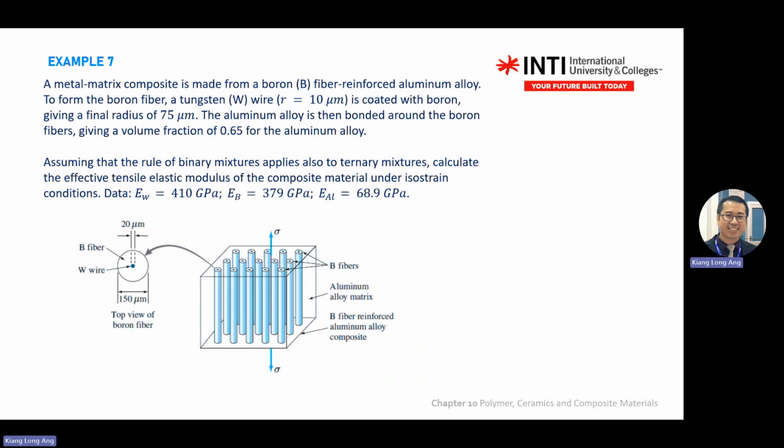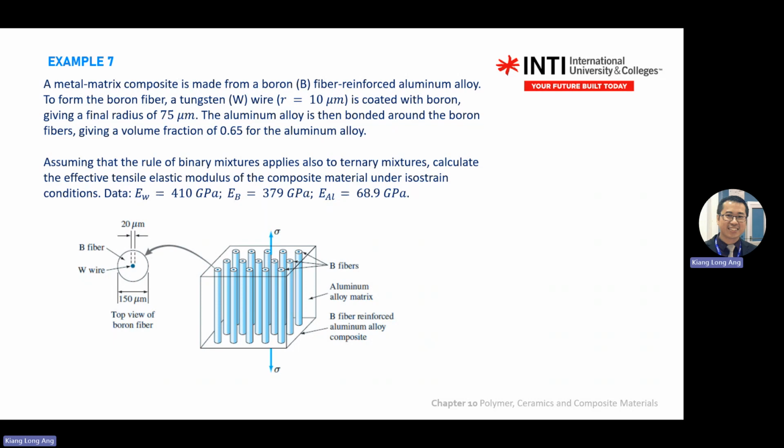So your boron fiber has a wire at the center and boron fiber at the outside. The radius is 10 micrometer. Micron is 10 power negative 6. So this one, 20 is the diameter. So don't be confused by the diagram given in the question and the statement.